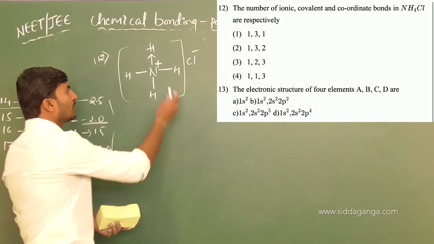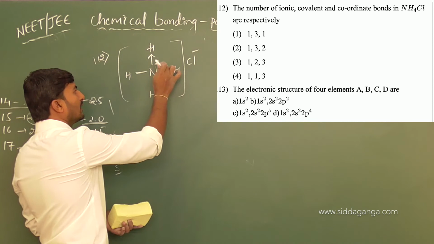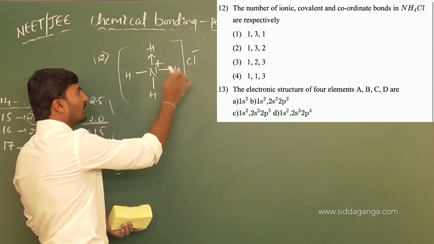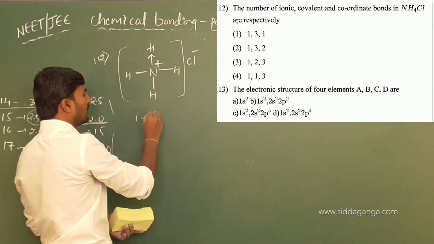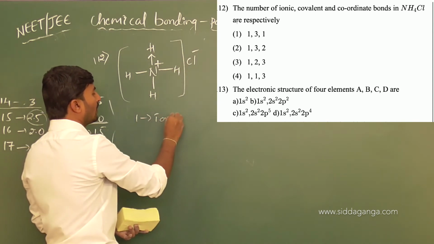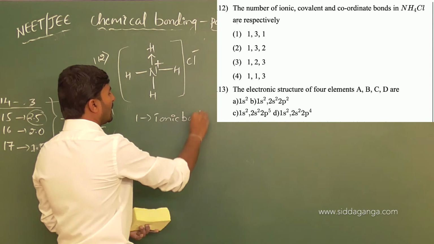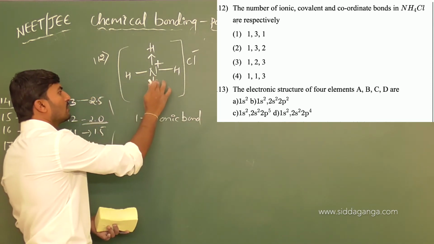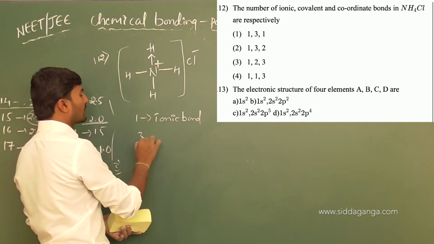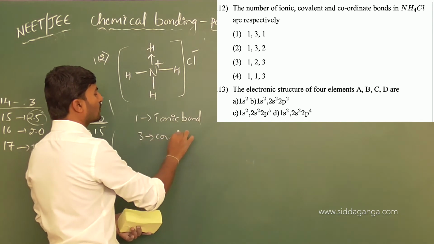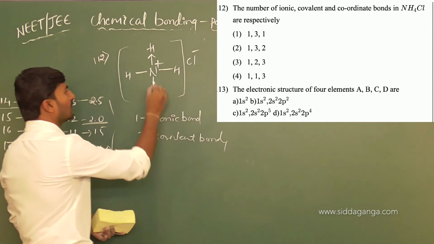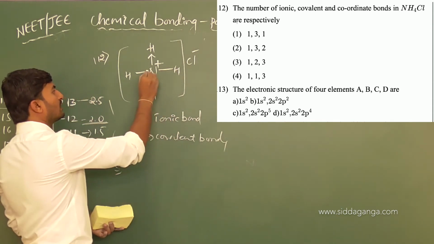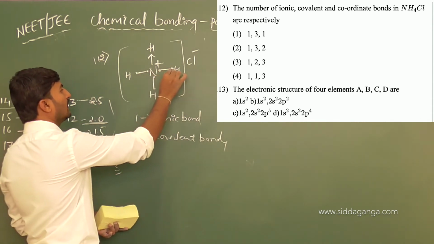Okay, see, due to the generation of ions, there is a formation of an ionic bond between NH4 and Cl. That is why there is one ionic bond, followed by 1, 2, 3 covalent bonds, because those covalent bonds are formed by mutual sharing of electrons between nitrogen and hydrogen.